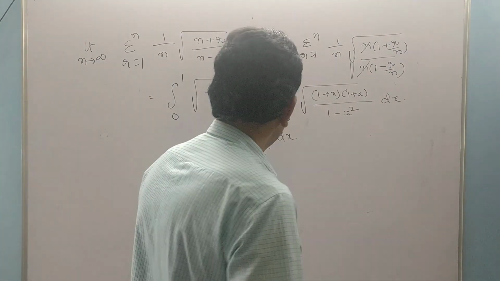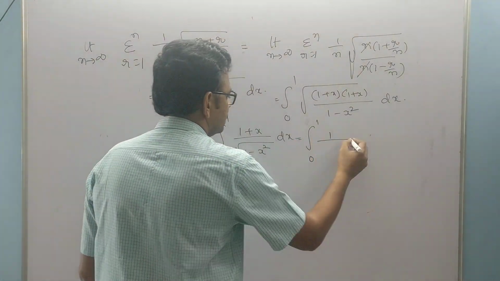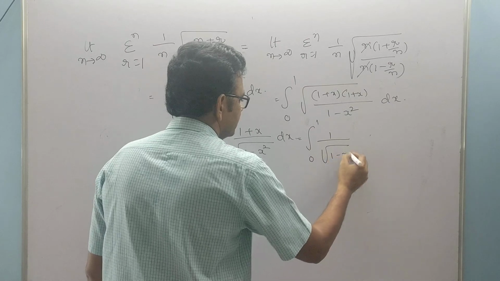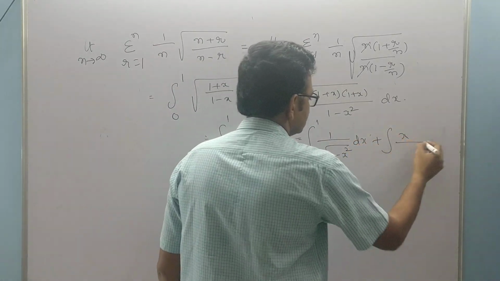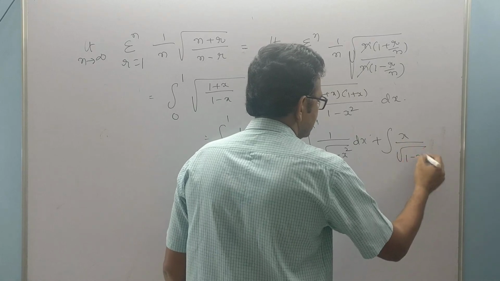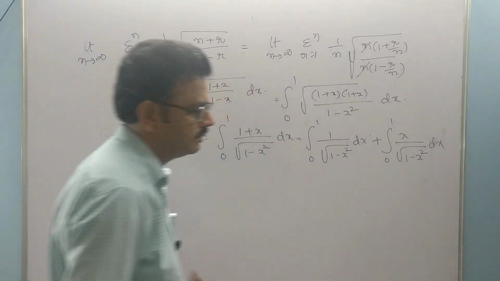So this is split into two parts. Integral 0 to 1, 1 by root of 1 minus x square dx plus integral x by root of 1 minus x square dx. Limits 0 to 1.